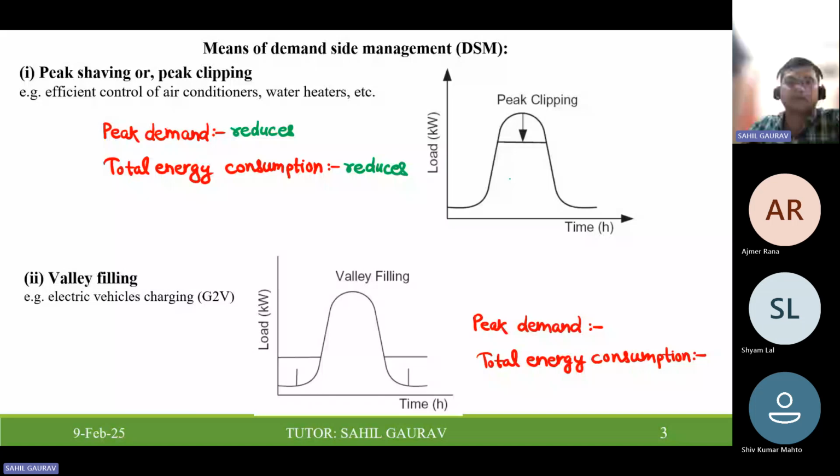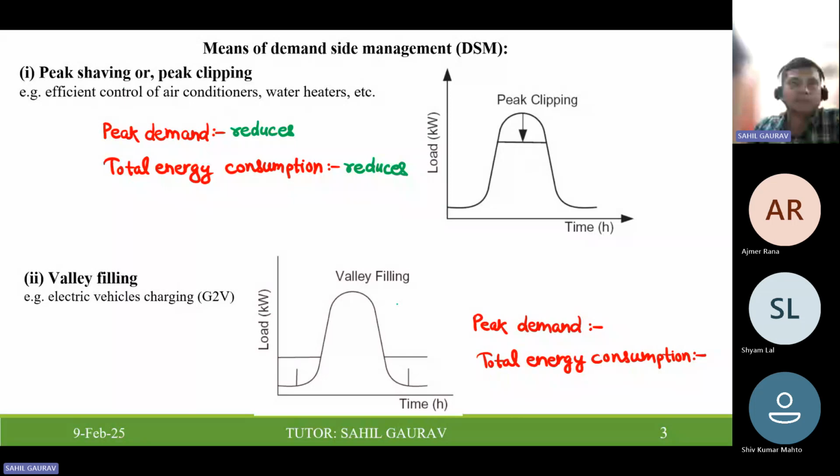Peak demand reduces, and the area under the load curve is the total energy consumption. After clipping the peak demand, the total energy consumption also reduces, as the area under this curve reduces. Therefore, both peak demand and total energy consumption reduce. An example for peak clipping is efficient control of air conditioners and water heaters.